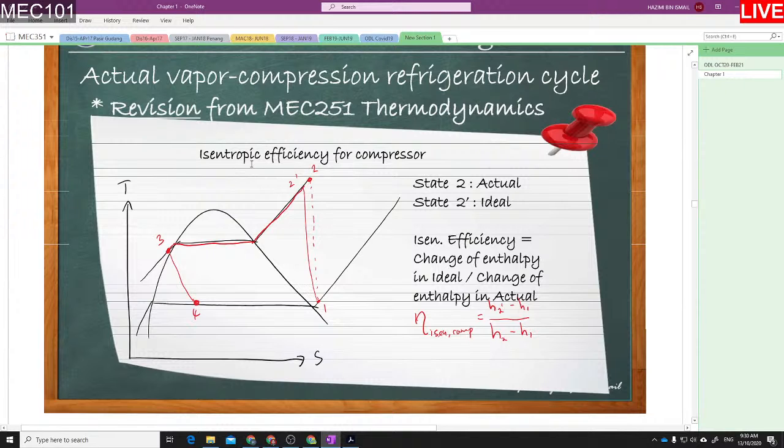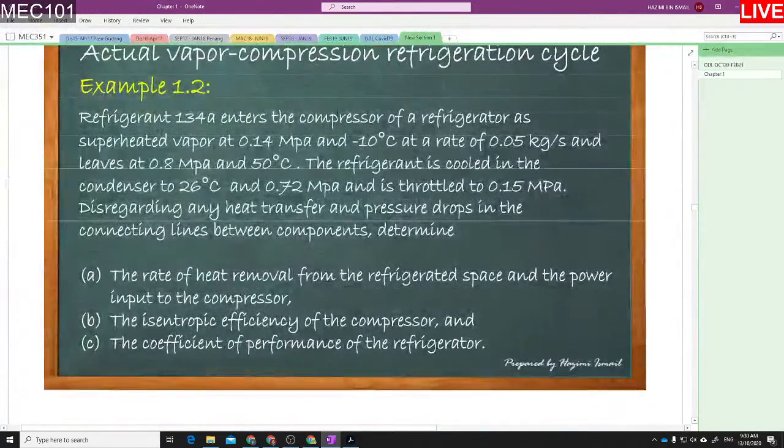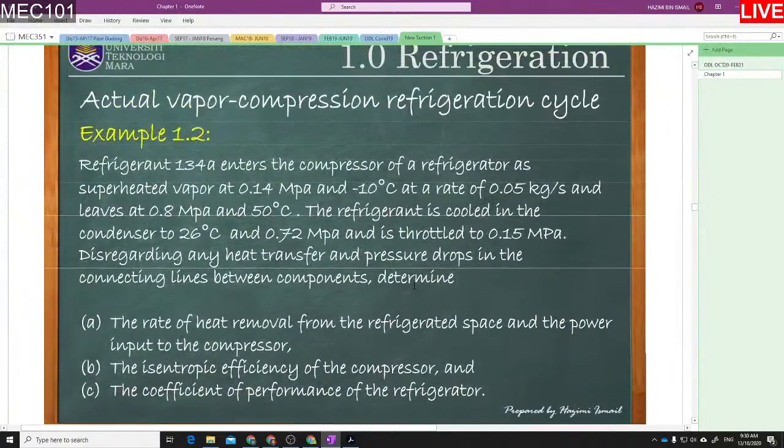Kita kena consider isentropic efficiency of compressor because we know no compressor and turbine in the world right now is 100%. So mesti ada dia punya loss dalam compressor tu sendiri. So ni cara nak kira. Yang ni awak boleh revise balik MEC351 yang awak dah belajar dulu. So kita akan guna dalam soalan ni.